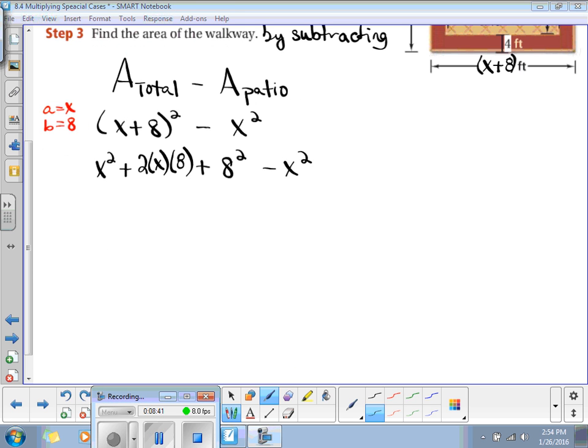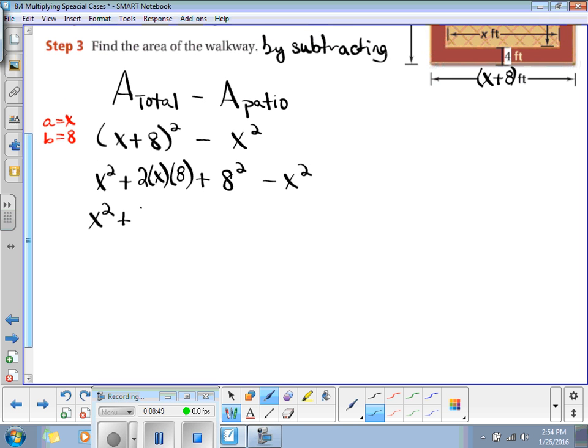So now we simplify, and we've got x squared plus, this is 2 times 8, that's 16x, plus 8 squared is 64, and then minus x squared. And then we combine like terms if we can, right?